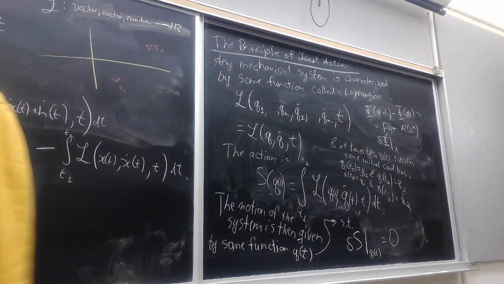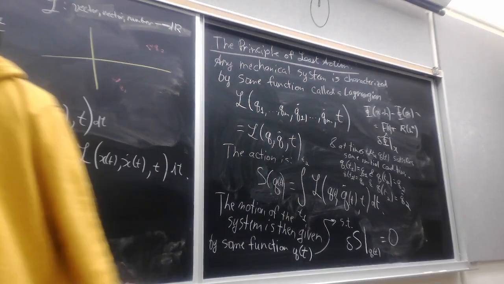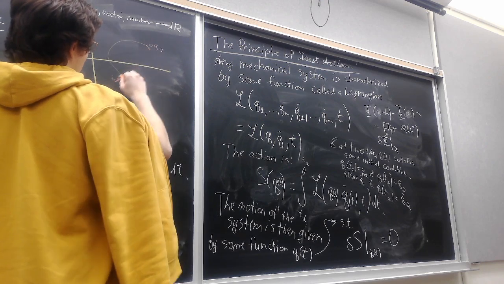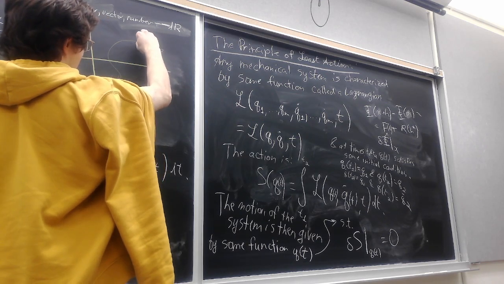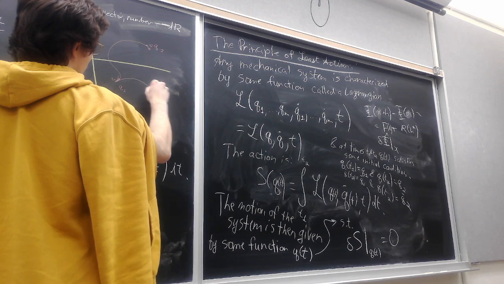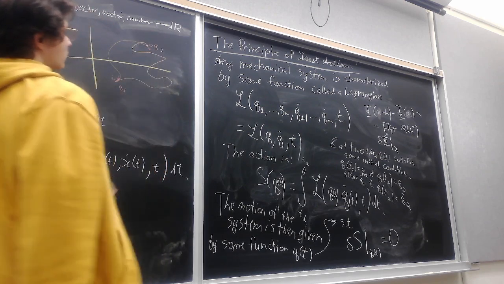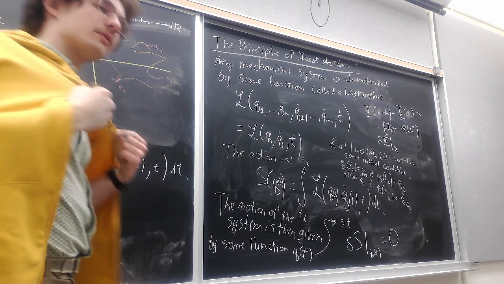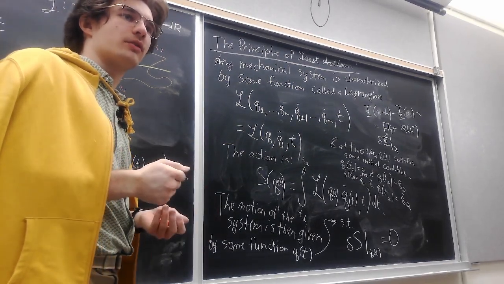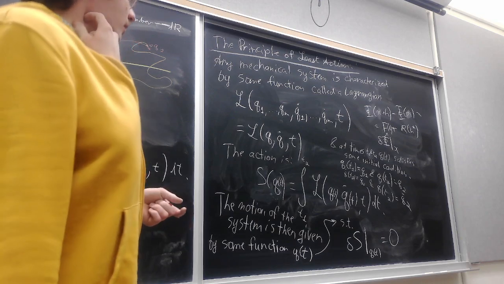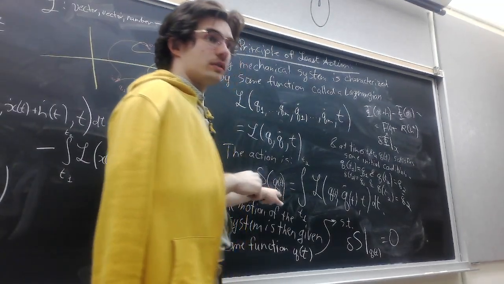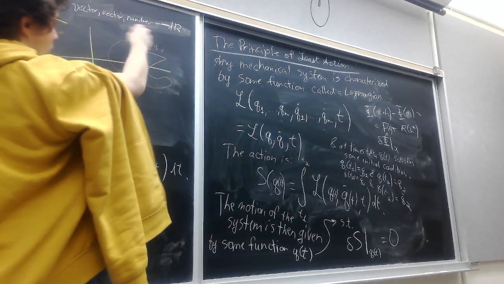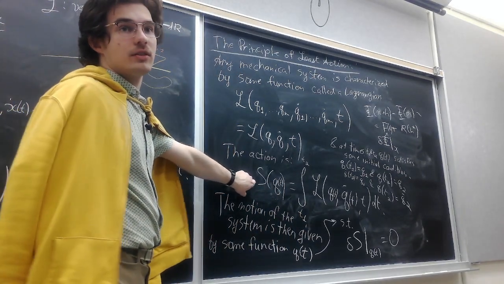Maybe my particle goes like that, or like that, or maybe it goes like that. Sure, like 2 possible paths. Of course, not every path is going to be allowed. So let's define this thing, which is going to take in a path and output a number. Now we can look at all possible paths, plug them into this, and see what we get.